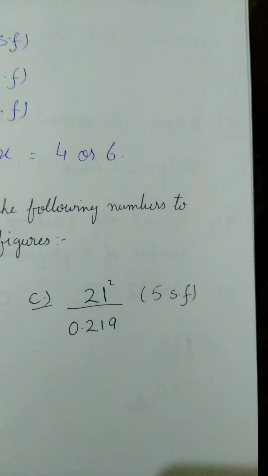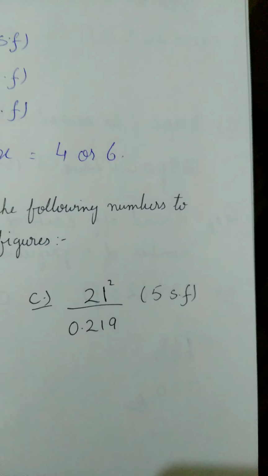Okay, now we have part C here. First we have to solve this fraction using the calculator, and when you solve this you will get the answer 2013.69863. So in the question it's given that I have to correct this answer up to only 5 significant figures.